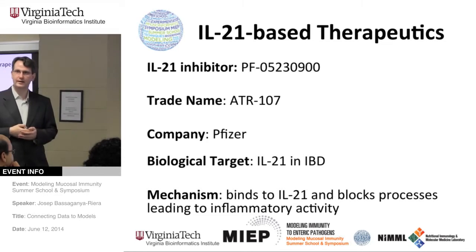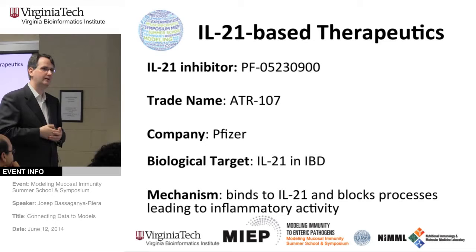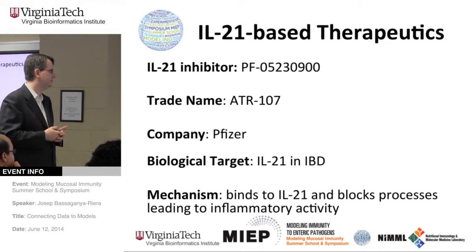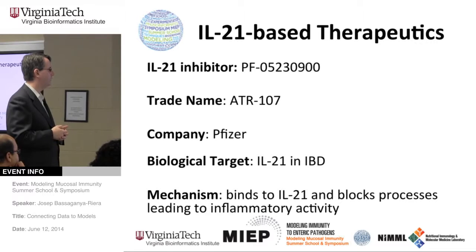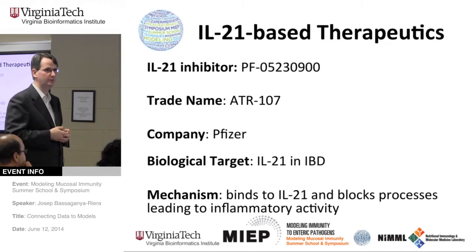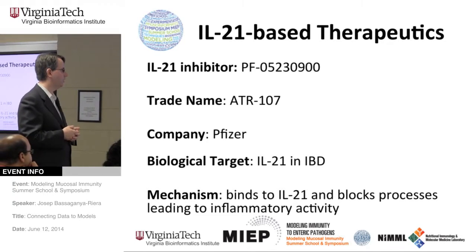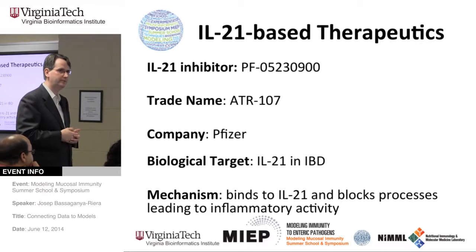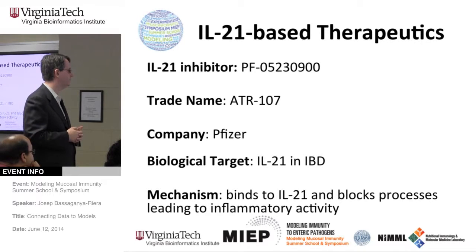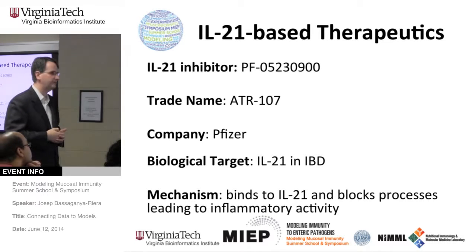Obviously, IL-21 has been a therapeutic target for inflammatory bowel disease, an immune-mediated disease. We are going to look into what the beneficial, neutral, or negative effects are of blocking IL-21 in the context of HP infection.